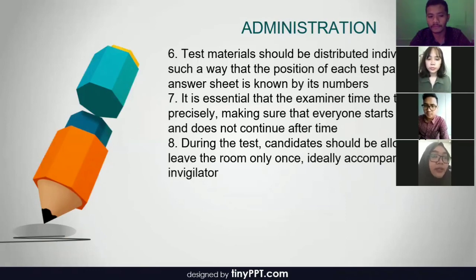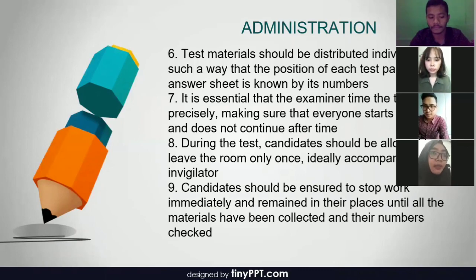The eighth, during the test, candidates should be allowed to leave the room only once, ideally accompanied by the invigilator. The ninth, or the last one, is candidates should be made to stop work immediately and remain in their place until all materials have been collected.